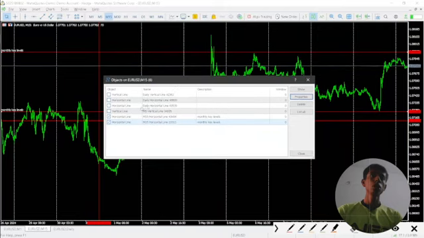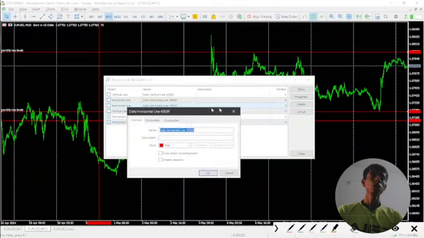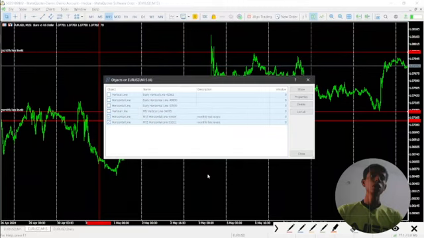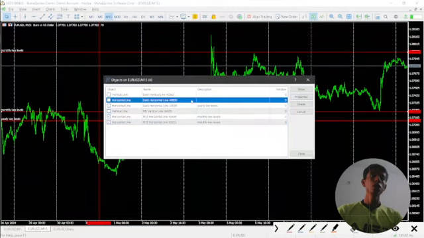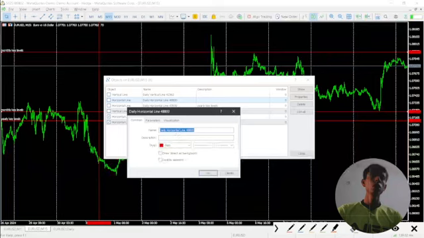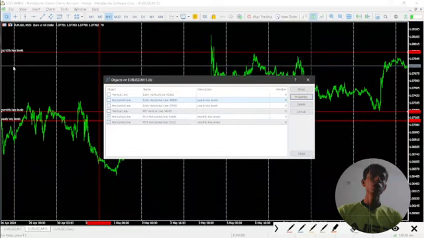And in the properties we can write, just copy this one. Okay, now these are yearly key levels.